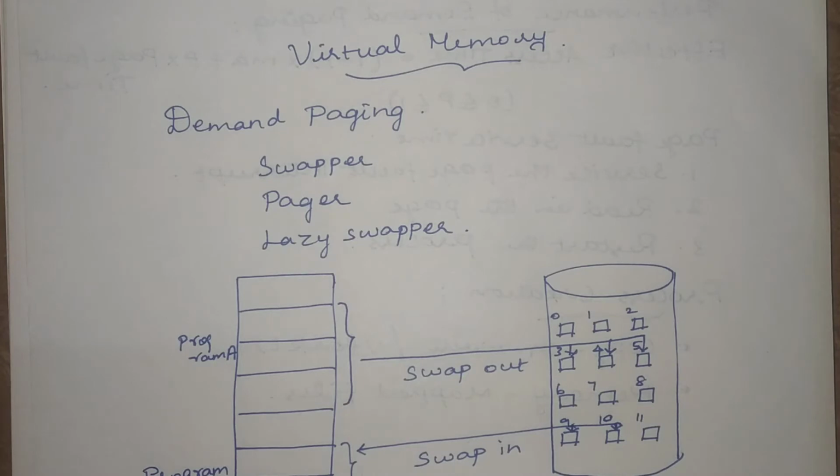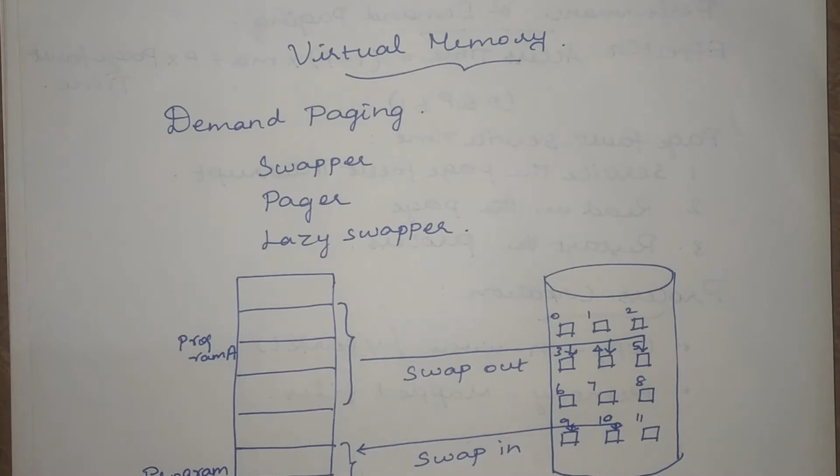From the user's point of view, the program is stored in the primary memory, as if RAM has enough space to hold many programs. Even if the primary memory does not have enough space, it will not tell anything to the user.